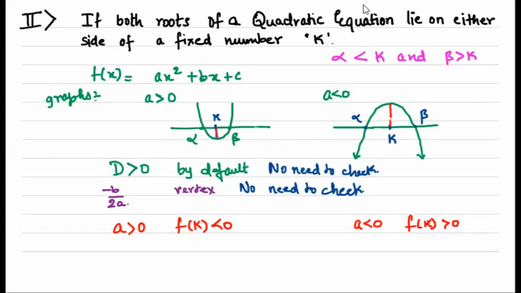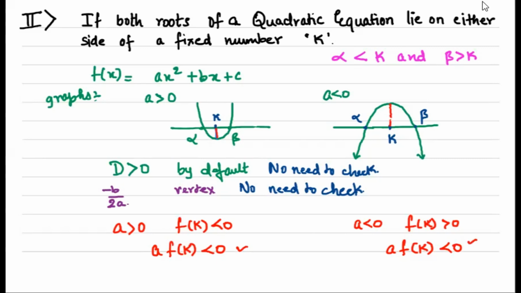So if I take the product of a and f of k, what I get here is a times f of k is less than 0. Positive into negative is negative. And here also, a times f of k is also less than 0. Right? So this is the only condition which we need to remember.